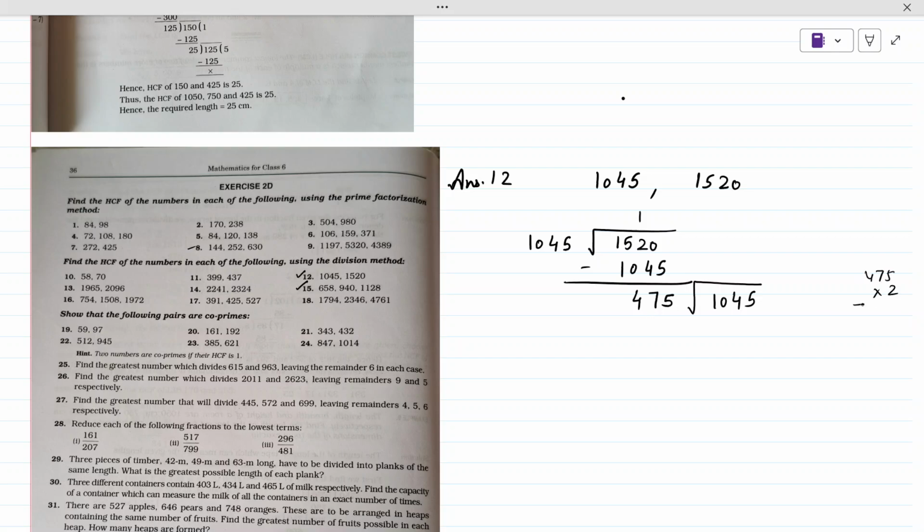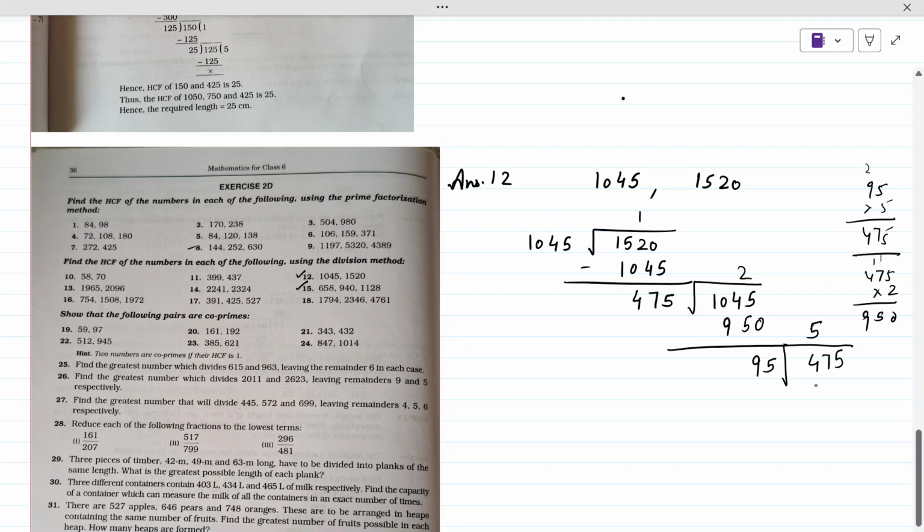Let's see what it gives us. 2, 5, 10, 2, 7, 14, 15, 2, 4, 8 and 9. So 950. This is 5. And then 14 minus 5 will give us 9. And then again with 475 here. So let us try to multiply with 5 and see. 5, 5, 25, 5, 9, 45 plus 2, 475.